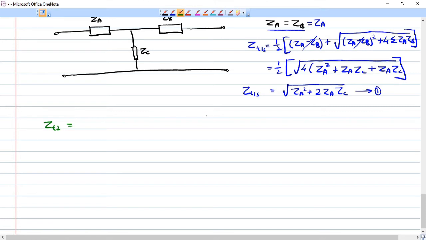So the general expression is ZT2 is equal to half of ZB minus ZA plus root of ZB minus ZA the whole square plus 4 sigma ZA ZB.